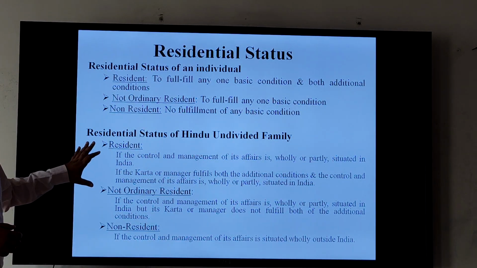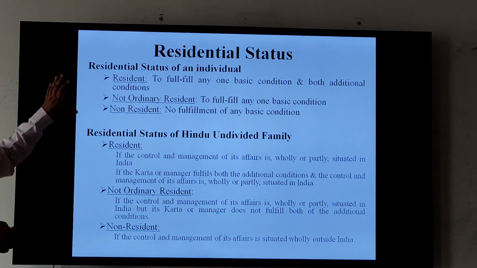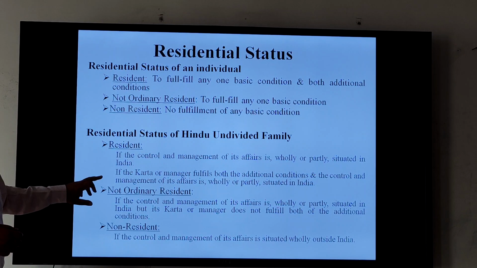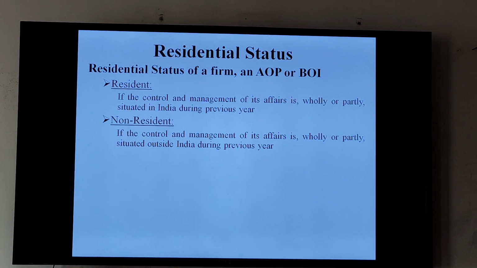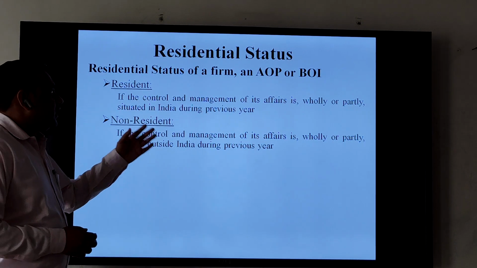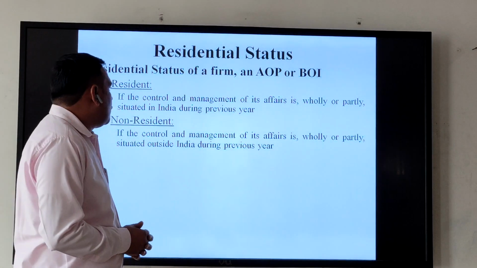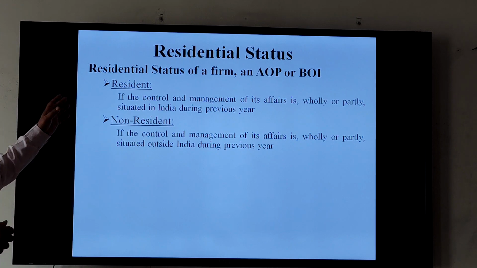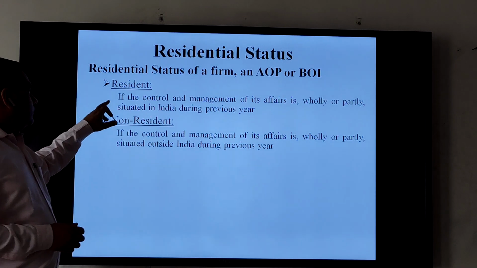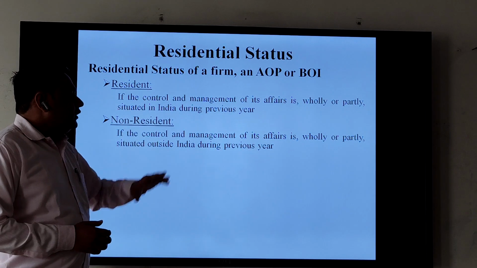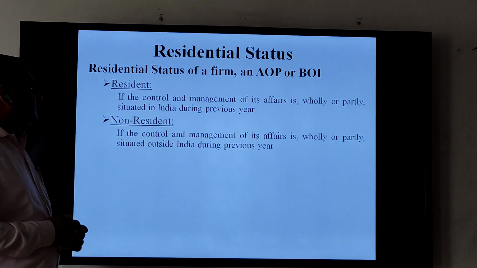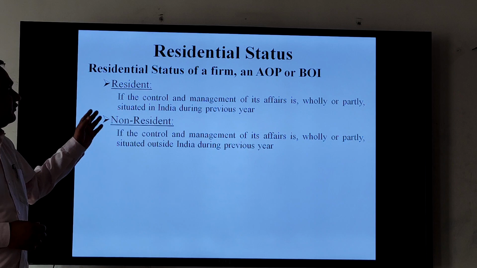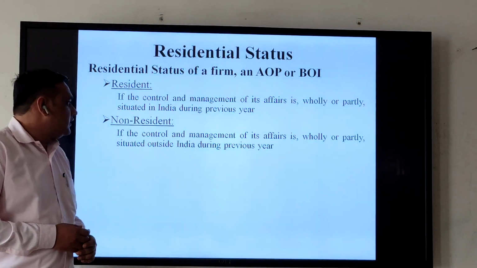So these are the fulfillment conditions in the case of individuals and in the case of HUF. Likewise, for other persons, like the residential status of a firm, association of persons or body of individuals, to become a resident, the condition is that the control and management of the affairs of the firm, association of persons, or body of individuals is completely or partly situated in India during the previous year.